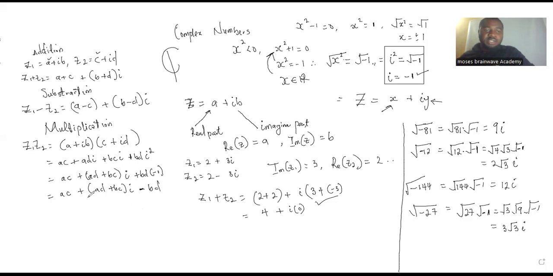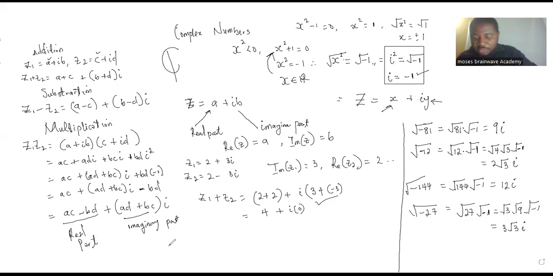We can take this to this part since they are all real part. So we have ac minus bd plus ad plus bc. Now this becomes the imaginary part, and this becomes the real part.